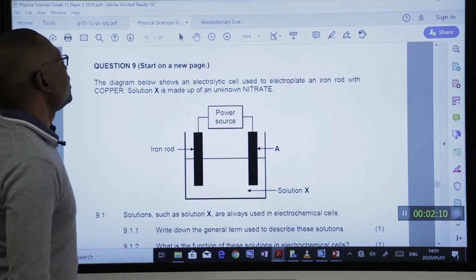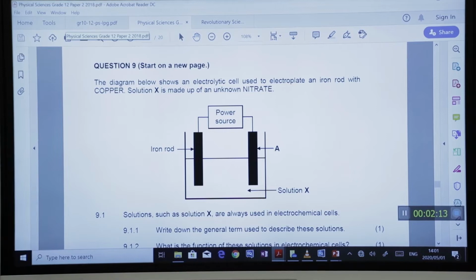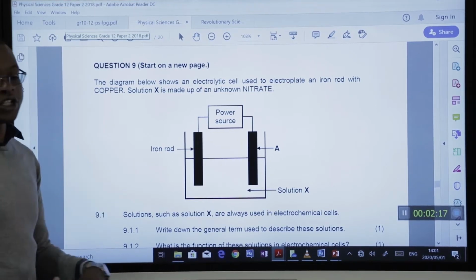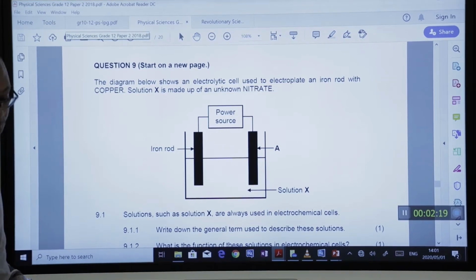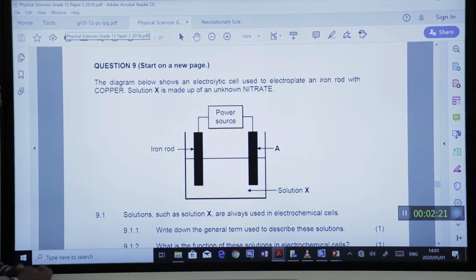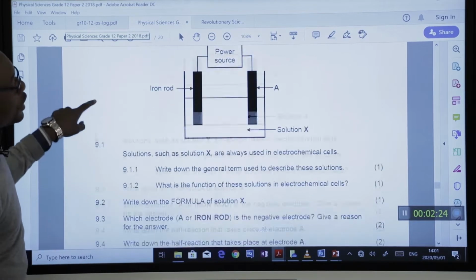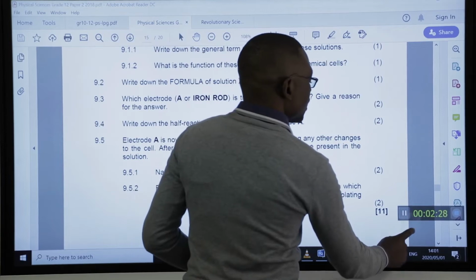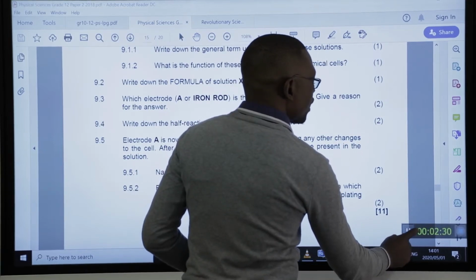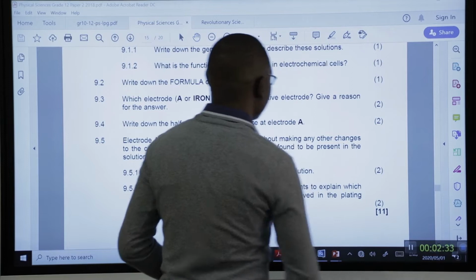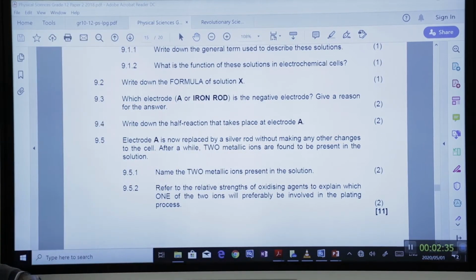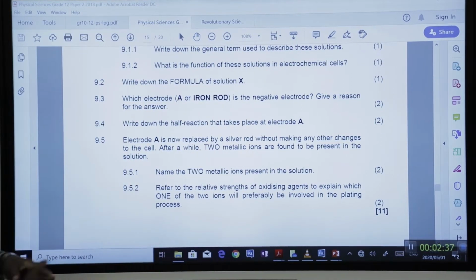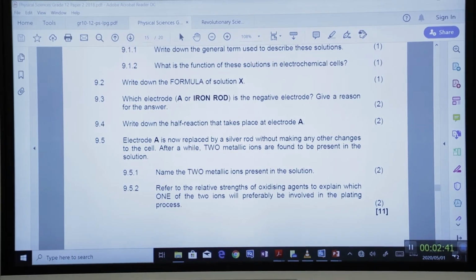So let's see how we can make use of that background information and answer a typical examination question like this one, in which question 9, I want you to take note that this question has got 11 marks, and what is important for now for this revision, we want to see do we have enough information to address the questions raised here, and then we'll work it out together.